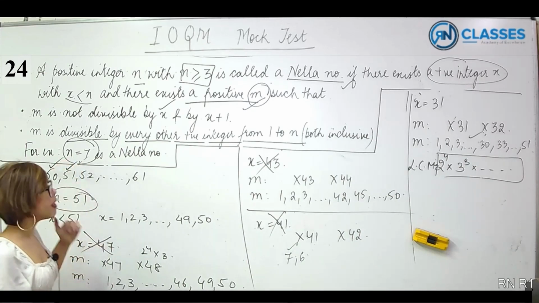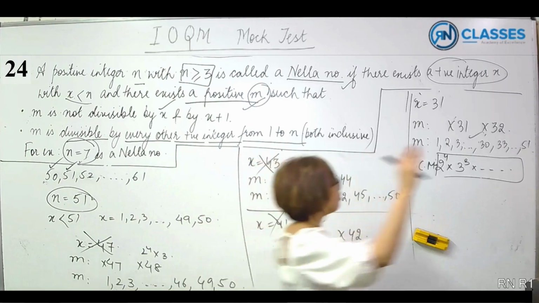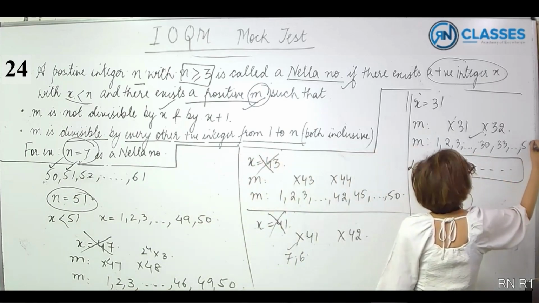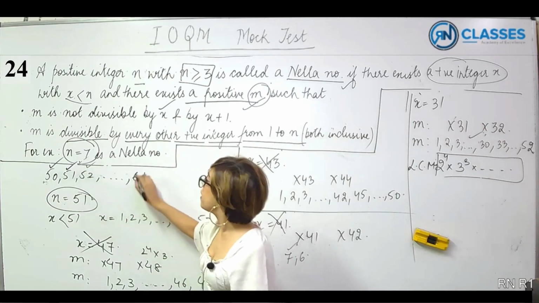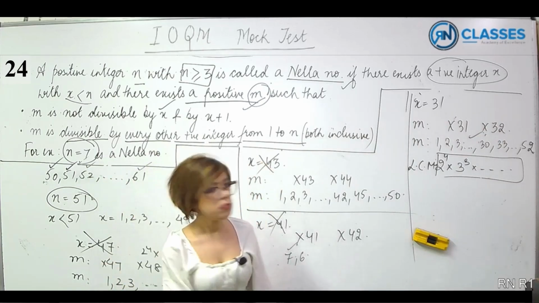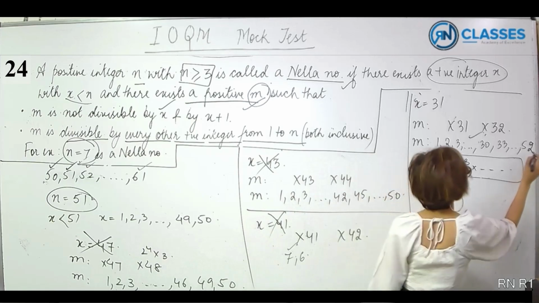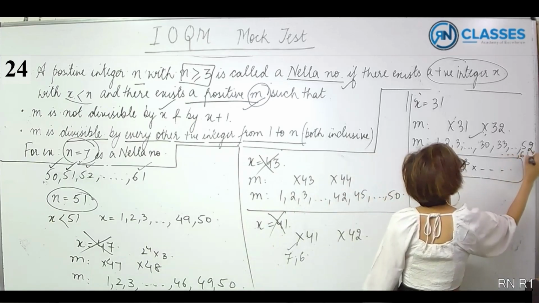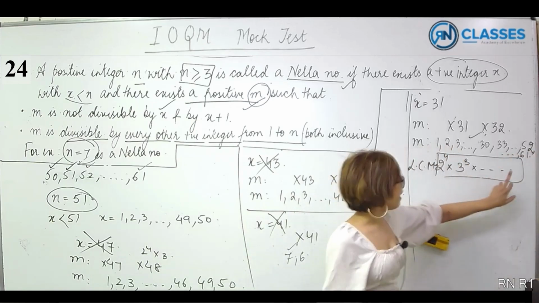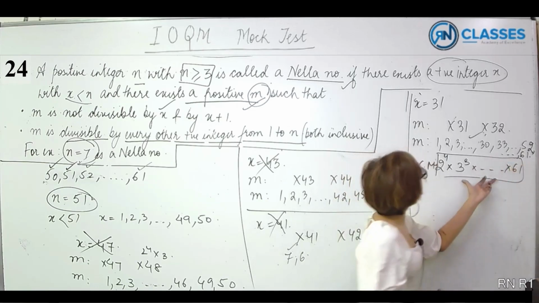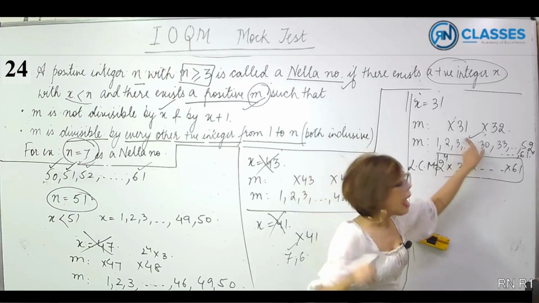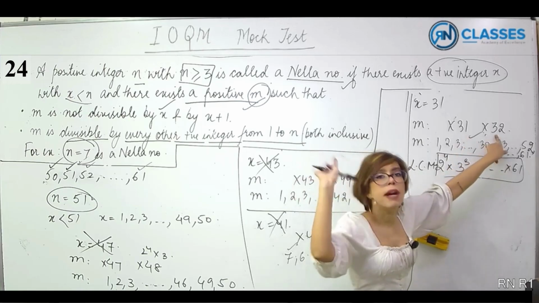Right? Let me check for 52. On the same lines I can do. If I do 52 also, no problem. That means 52 is also there. Right? And so on, until let me talk about 61. So again in my LCM, maybe I will get my 61. This number is definitely not divisible by 31, and this number is definitely not divisible by 32.